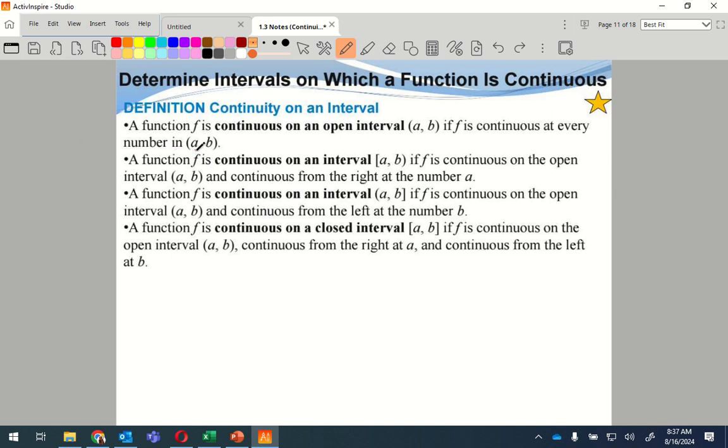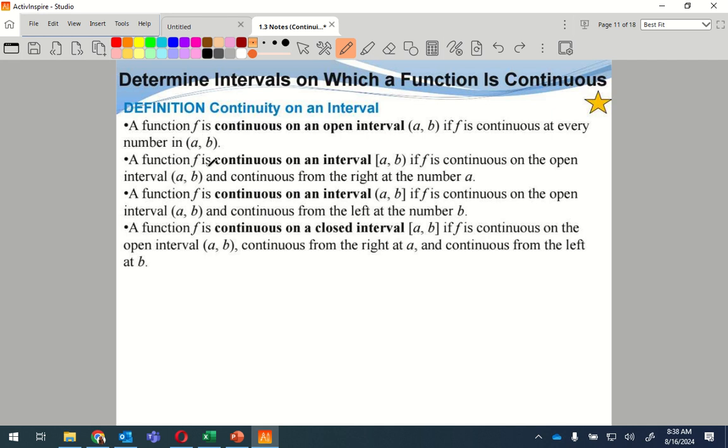But does it have to be equal to the endpoints? Why no? I'm not just throwing up gang signs here. The parentheses means it does not have to be equal to at the endpoints. It has to approach it, but not be equal to. Okay, that's important for this one right here.